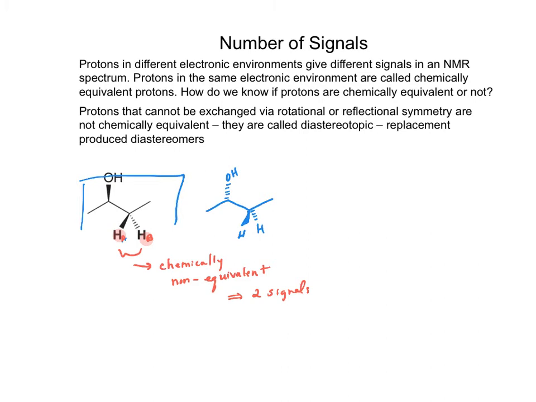Okay, so for this molecule compared to the other two, what's the big difference? What have we introduced in this molecule that wasn't present in the other two that have made these now chemically non-equivalent? The extra signal. The wedge turned to a dash. What was this, though, that made that wedge turn into a dash? What is this called, this carbon that contains that? Chiral. Right, so the big difference here was that this molecule had a center of chirality, right?